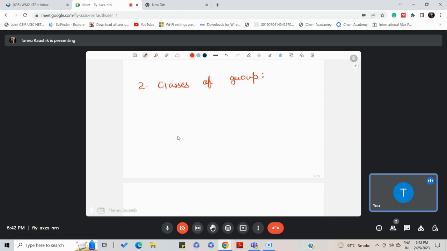Those symmetry operations which are giving us similar configurations, or similar results after their operations, we can classify into one class. And those which are giving different results, we will classify into other classes where they are following a similar pattern. So I'm writing here what exactly it means.